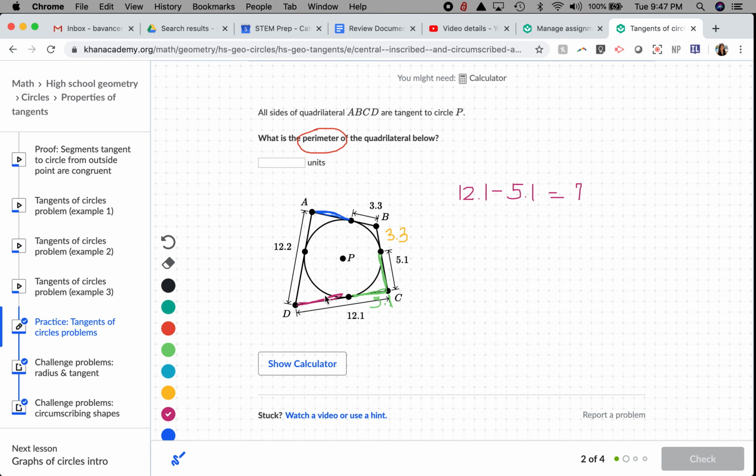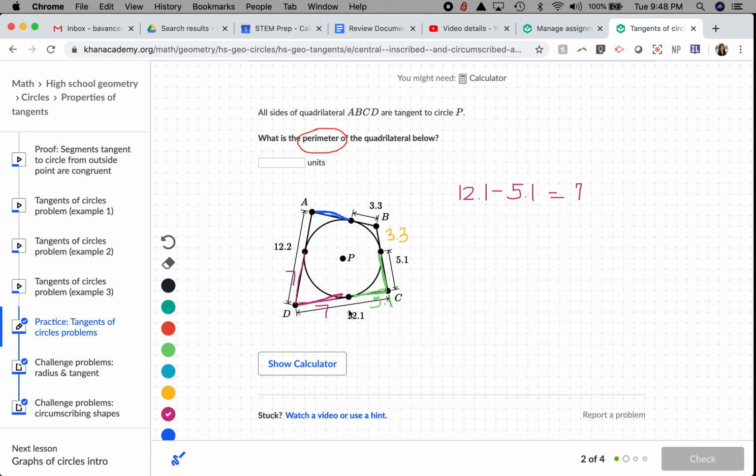So this pink segment is going to be 7 units long. Now, if this is 7 units long and it's a tangent line, and there's another tangent line from this same external point, that means that this segment is also going to be 7 units long.